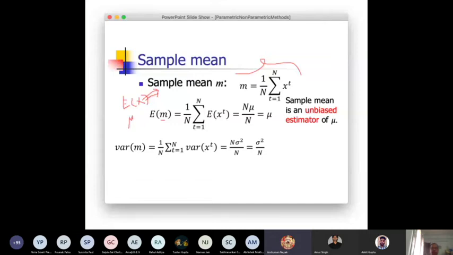If individual one is sigma square, then it will be totally N square sigma square, no? No. Individual variance of x_t is sigma square, right?